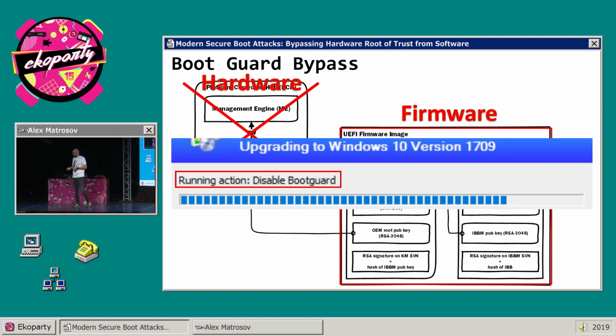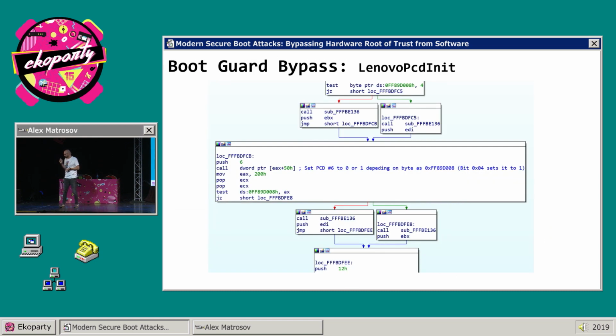So basically, back to this picture, that is why it happens. Also, one more interesting thing I found is the Boot Guard Lenovo PCD init option. In some Lenovo laptops, there is a PCD, a platform configuration value, stored inside the BIOS, inside the padding.